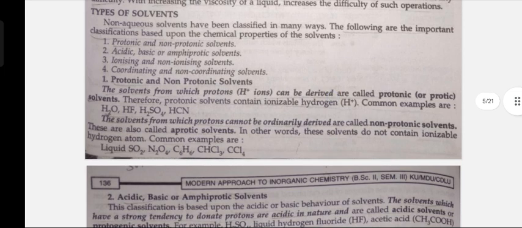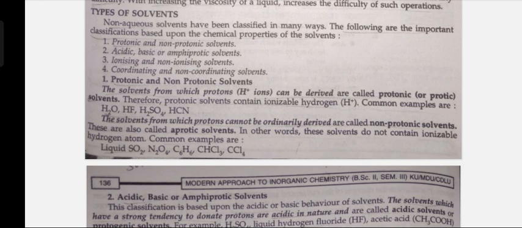Now let's discuss the types of solvents. Non-aqueous solvents have been classified in many ways. The following are the important classifications on the basis of chemical properties. The first one is protic and non-protic solvents. The solvents from which protons, that is H+ ions, can be derived are called protic solvents. Therefore, protic solvents contain ionizable hydrogen. Common examples are water, hydrogen fluoride, sulfuric acid, and hydrogen cyanide.